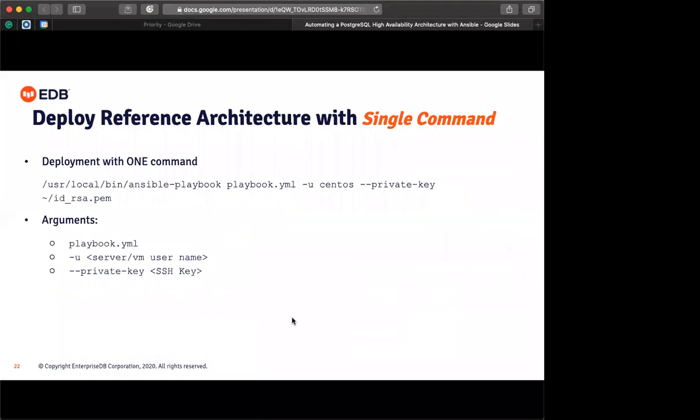With this collection and Ansible, with a single command, you can deploy the core architecture in your environment. You can see this is one single command with a playbook.yml file. You're passing your operating system user, you're sharing your key, and Ansible will automatically connect to those servers and deploy whatever core architecture you choose for your customer or for your own use.